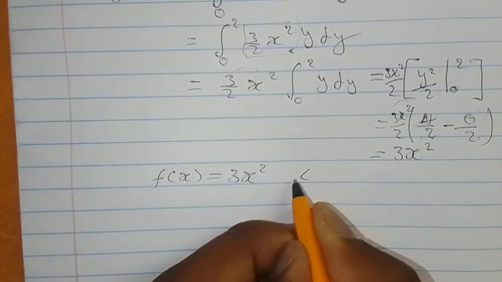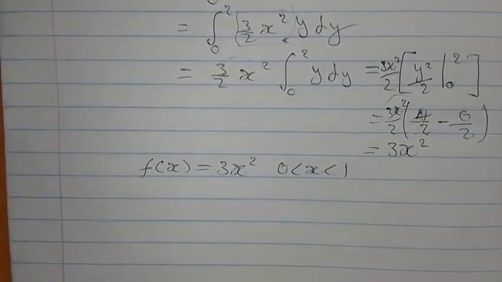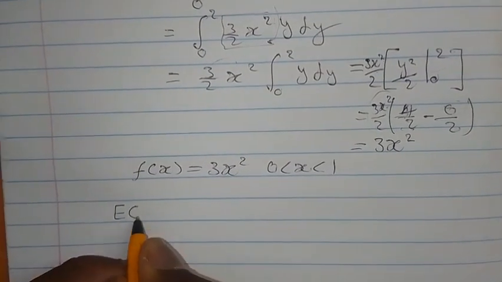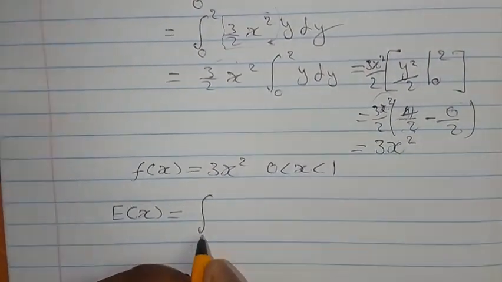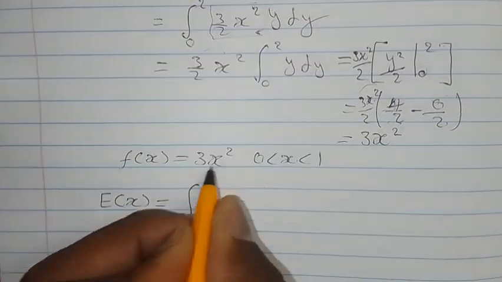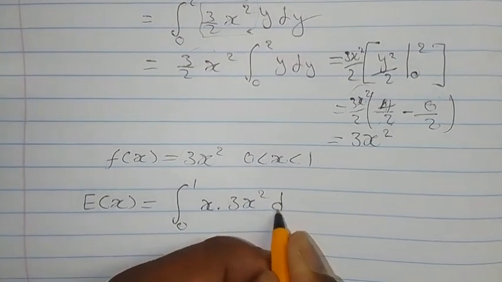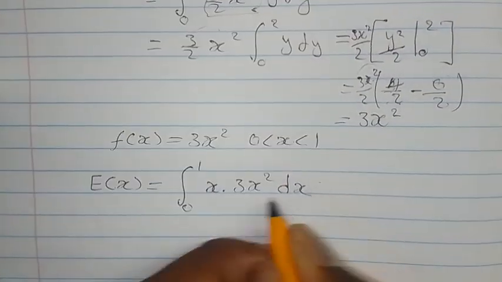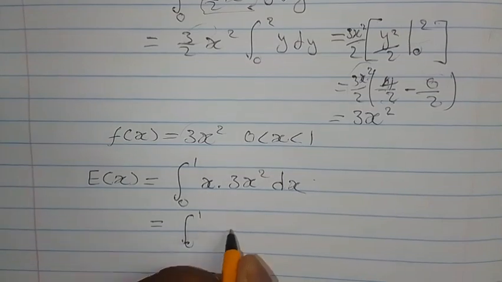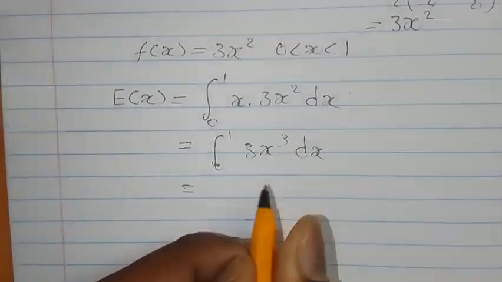And now remember, we have to show that x can take on the values between 0 and 1. From here we can further find the expected value of x, since we're just going to integrate through all possible values of x, and we say x multiplied by the density function of x, which is 3x squared dx. From then we can further simplify that. We'll have 3x cubed dx, and now we can find the integral of that.